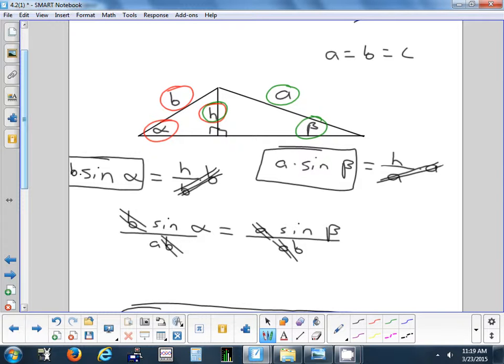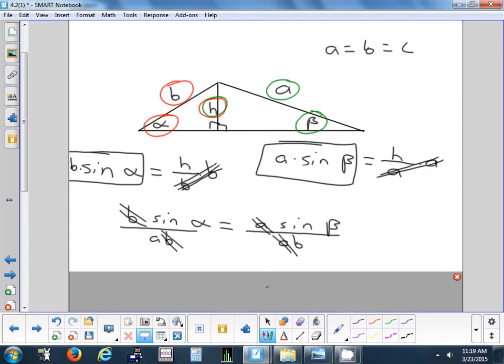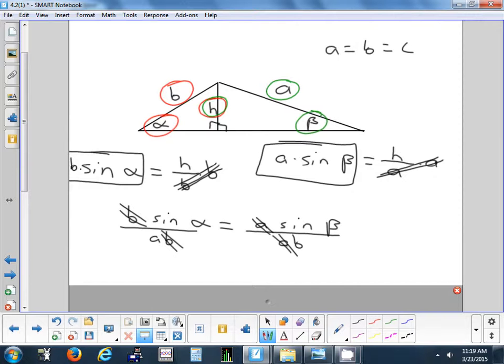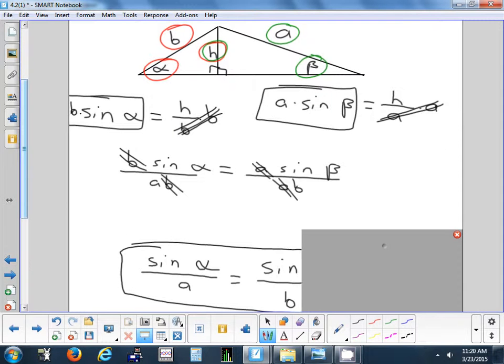So you're left with sine of alpha divided by A equals sine of beta divided by B. Wait, what did you have? I divided each side by A times B because they don't normally leave it the way we had it. I'm just showing you, if you look it up in a book, how the formula is going to look. You wouldn't know to divide each side by A times B unless I told you that.